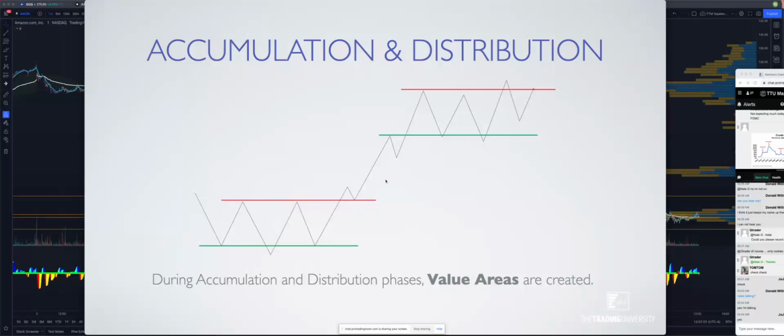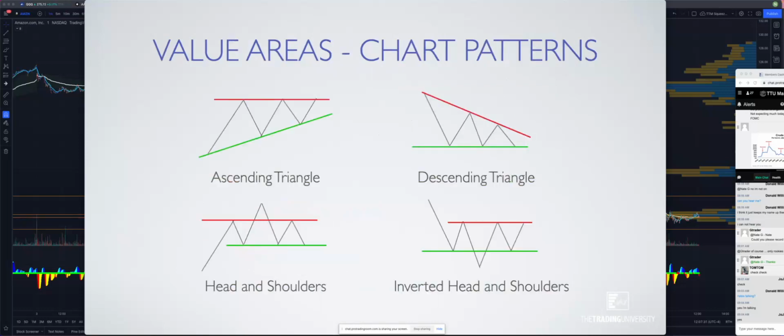And these areas, as you can see by this crude drawing here, are areas where people have found value in the price. So a lot of times, if you play a TTM Squeeze type of play, during these accumulation and distribution phases is where you're going to see your TTM squeezes, and also these value areas that are created if you are someone who trades chart patterns.